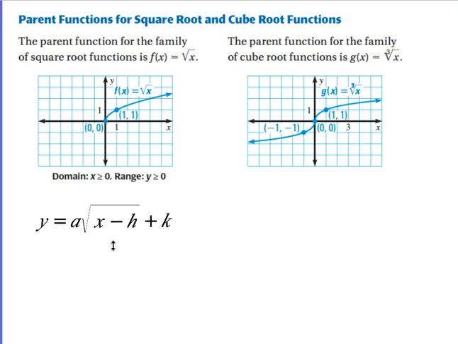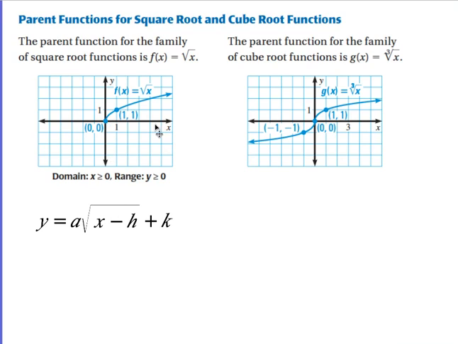Okay, so in the past, we learned that a is in charge of telling us whether we're stretching or compressing and whether we have a reflection over the x-axis. This h tells us whether we're moving left or right on our function. So if this function is moving left, then you would have a plus h here.